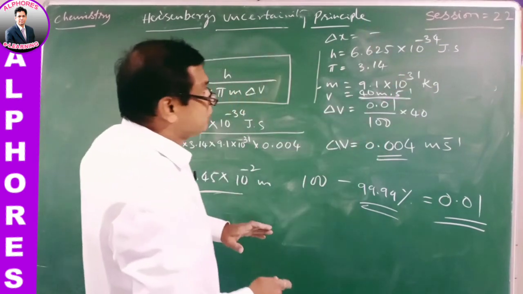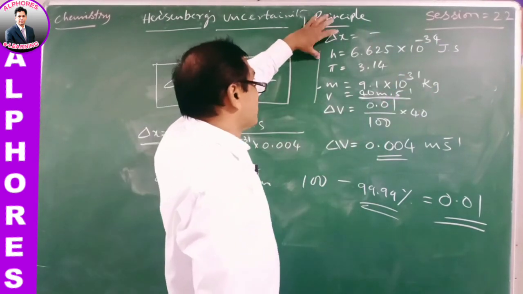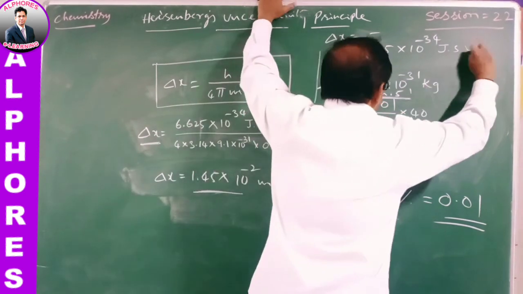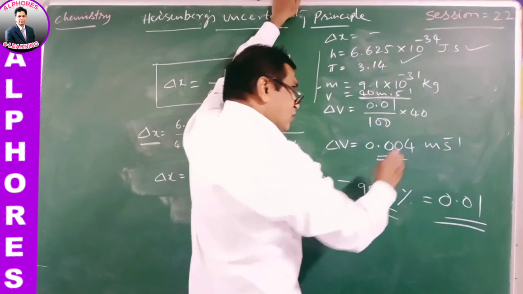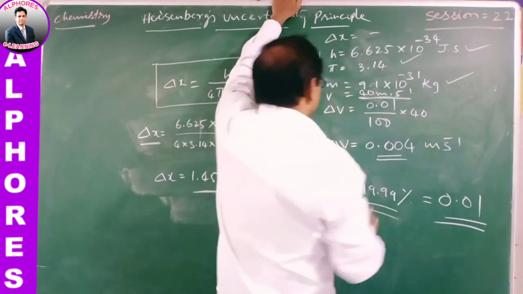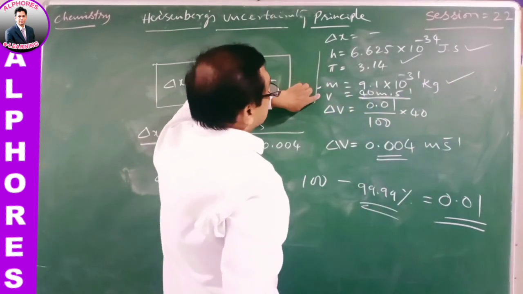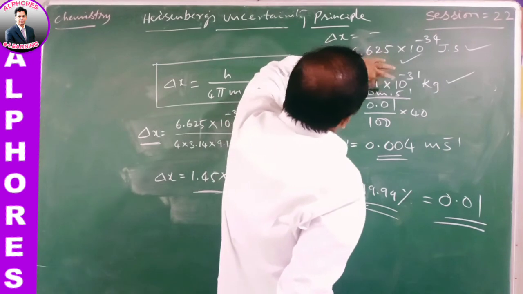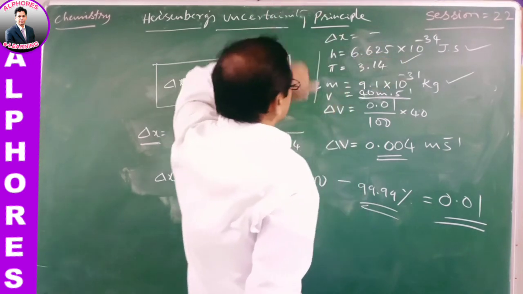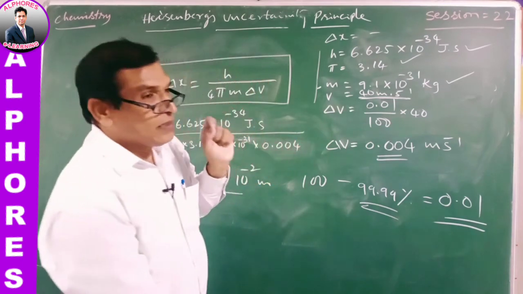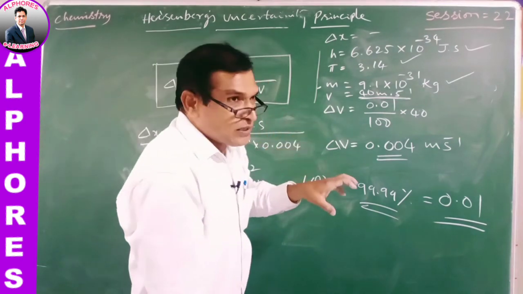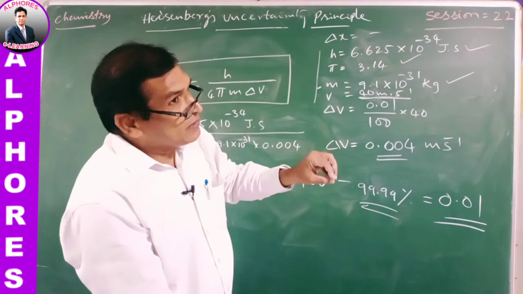Now the data we have to collect. The Planck's constant value we consider in SI units, and the pi value we know. The mass of the electron we know, in SI units. Then the velocity of the electron is given as 40 meters per second. Then we have to find the accuracy in the velocity, which is 99.99%.